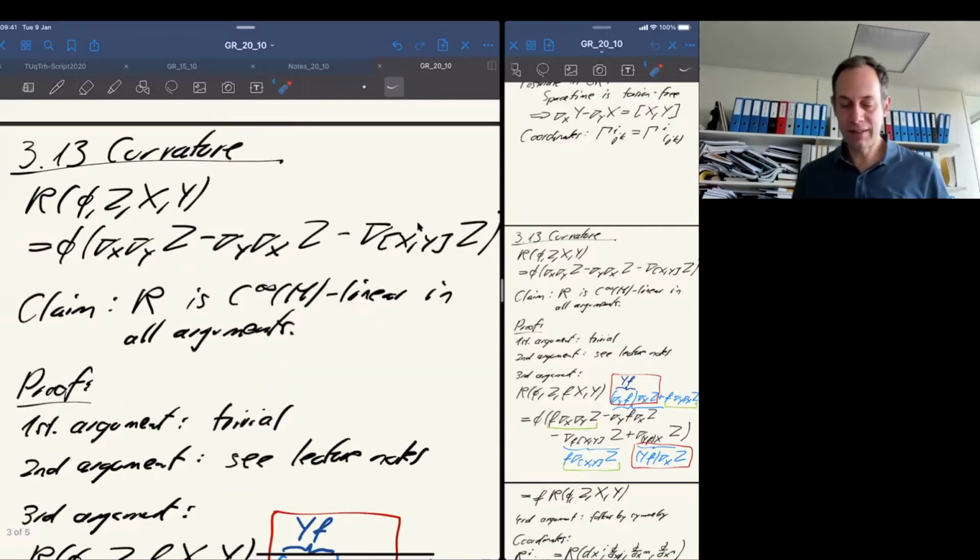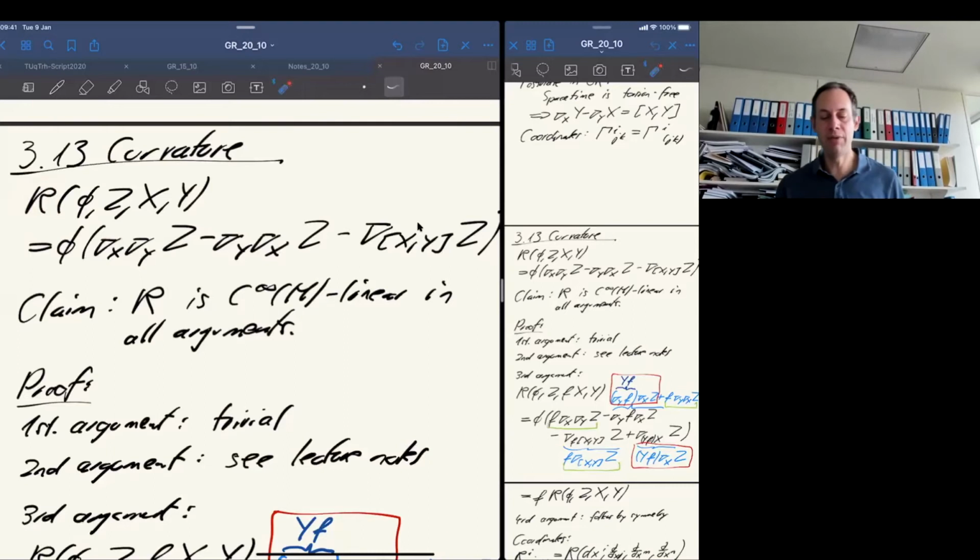But in fact, whenever I define something on the manifold, I actually mean tensor field. So I should probably always have said tensor fields to be correct. I will probably still often use the abbreviation tensors in the future. But the answer is clear: yes, R is a tensor field.